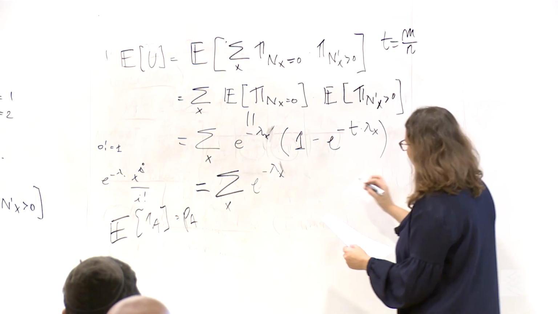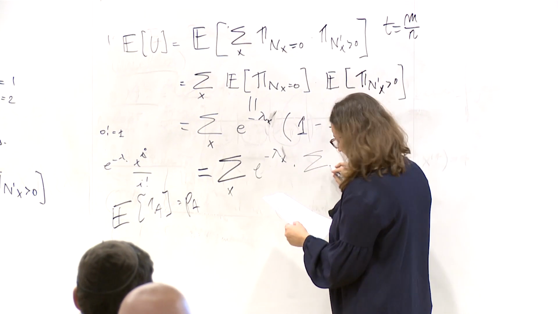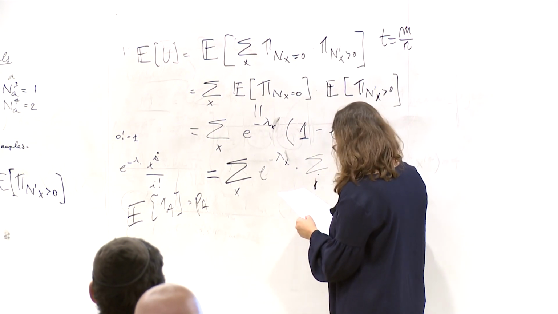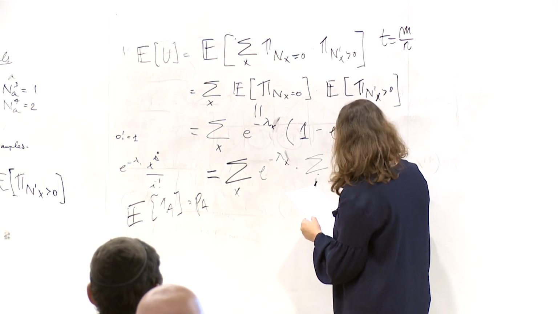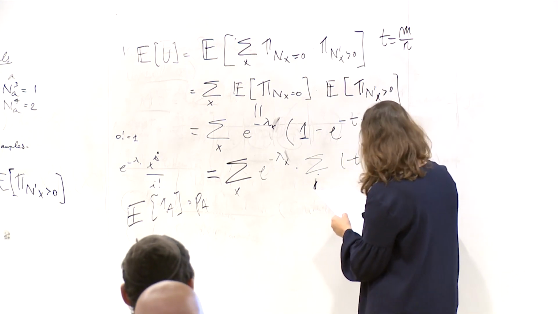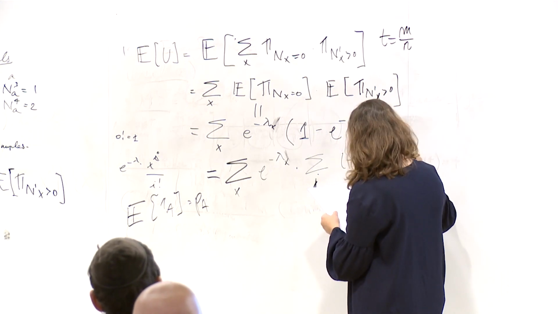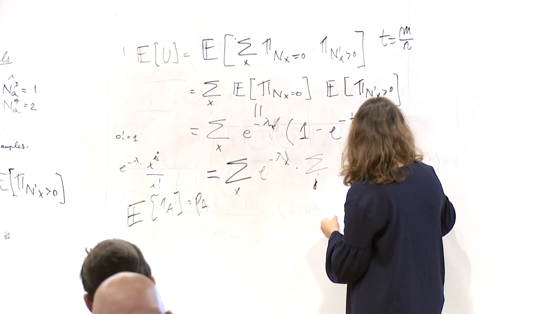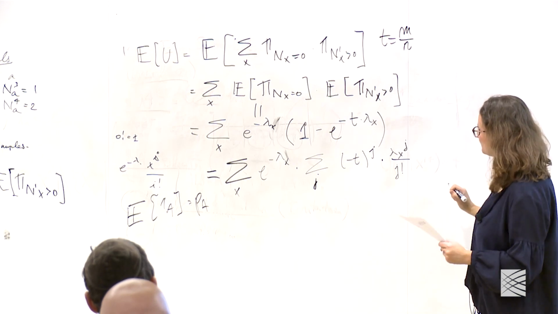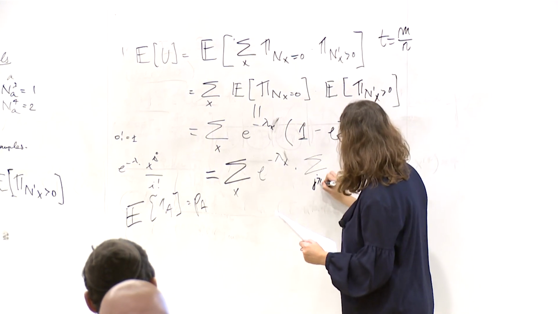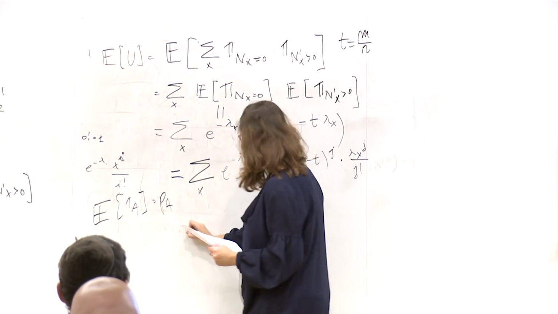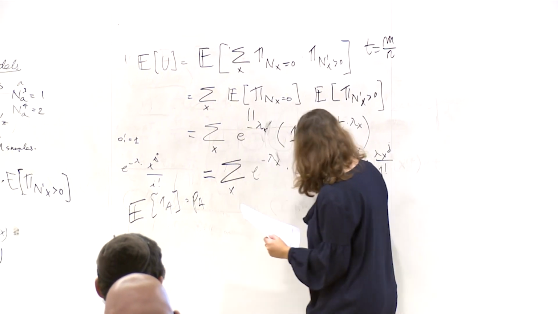So we're going to have a set of terms, over j, and this is going to be minus t to the j times lambda x to the j over j factorial. This is lambda and not x. This is j greater than or equal to 1, to infinity.